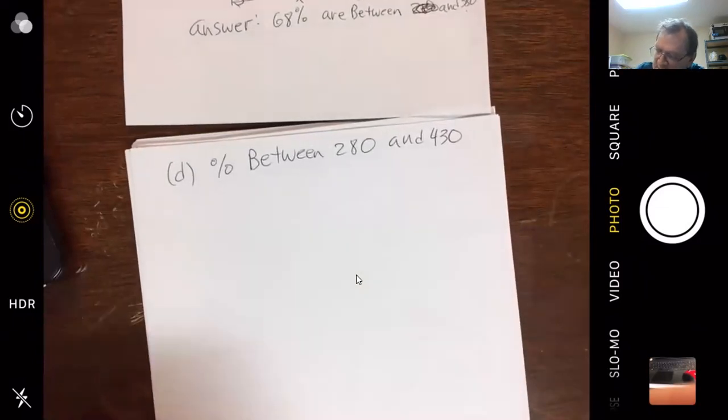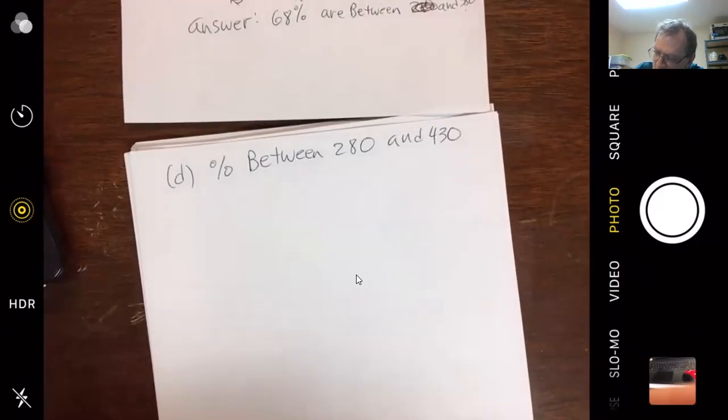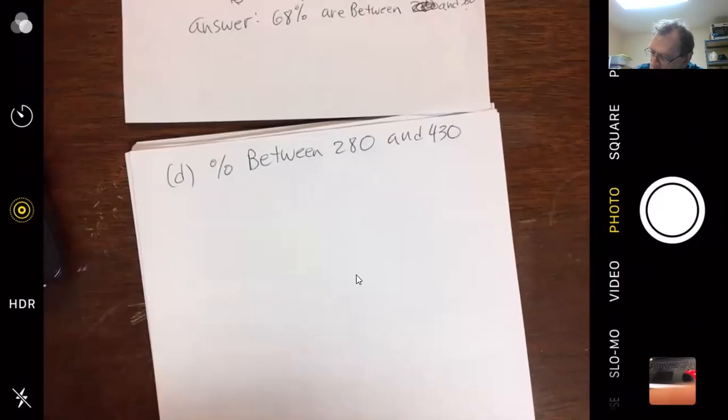All right, I'm going to redraw the table here. 1, 2, 3, 68, 95, and 99.7. I'm redrawing the number line, 330. 280 is, standard deviation, remember, was 50.